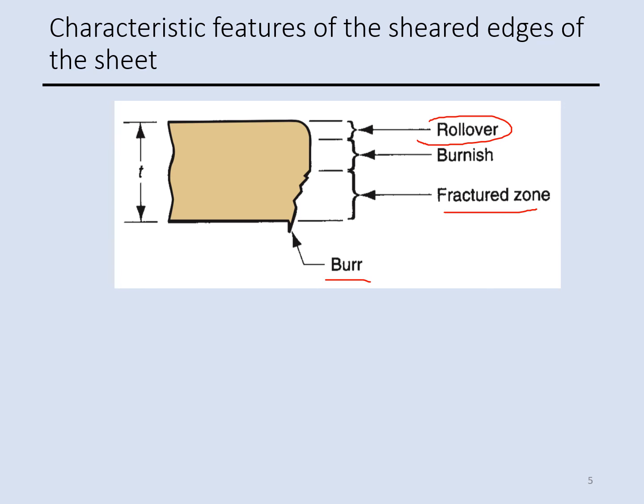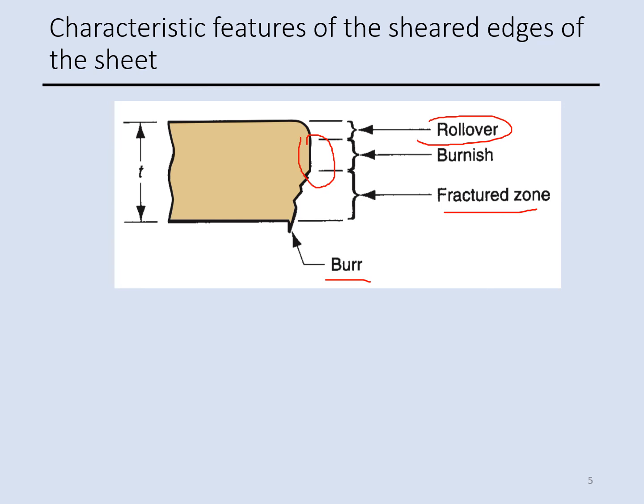Below the rollover, we have a smooth region called burnish, and that is the result of penetration of the punch into the workpiece, right before the fracture begins.